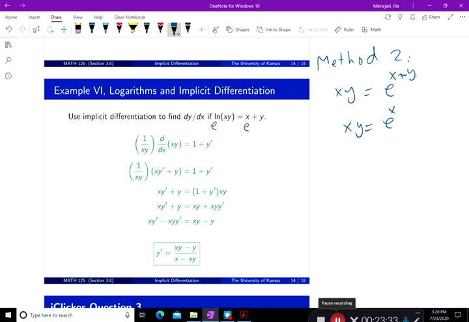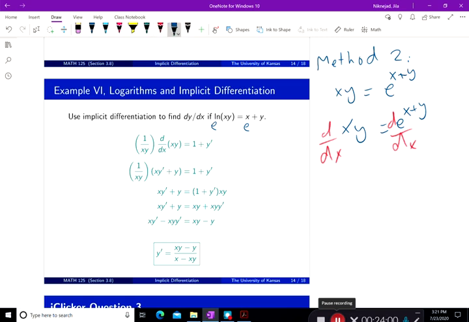Oops, sorry, this is xy equal to e to the x plus y, and do not simplify it, because then you will have a product rule there, and so take the derivative of both sides with respect to x.